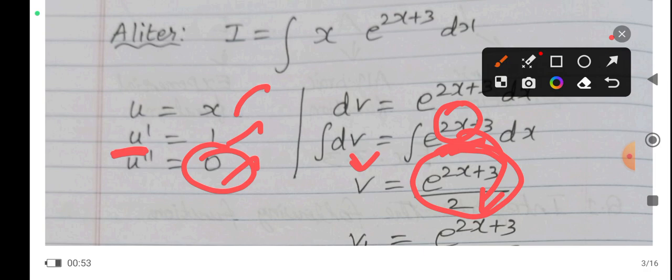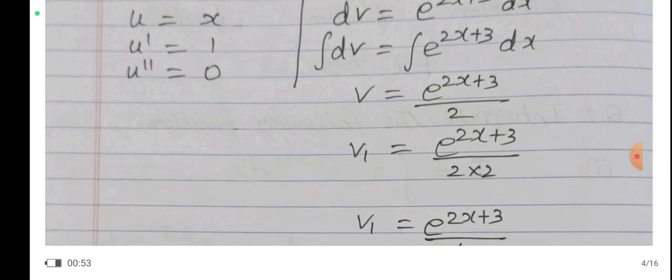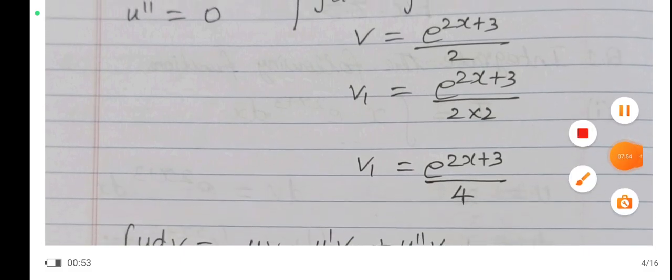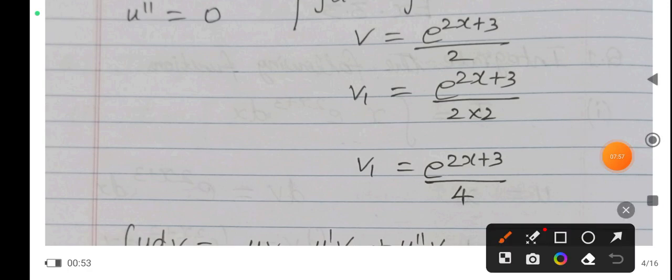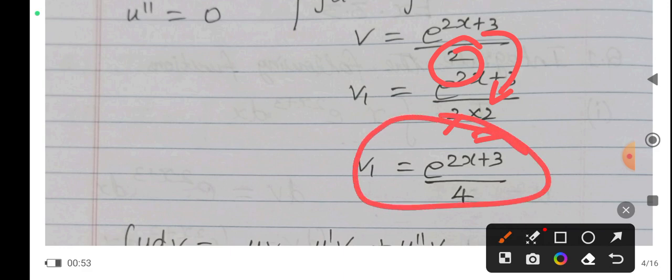In differentiation we multiply e power 2x plus 3 by 2; in integration we divide by the 2. So we got e power 2x plus 3 by 2. Again, e power 2x plus 3, this we keep as it is, and again 2x differentiation is 2 that we write in the denominator. So v1 is e power 2x plus 3 by 4.